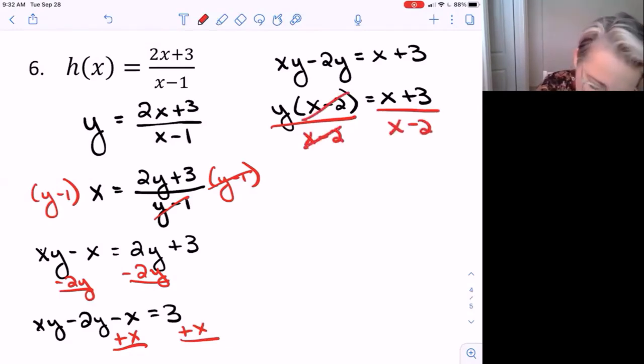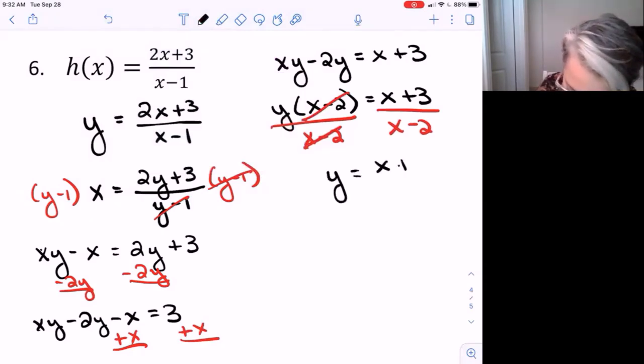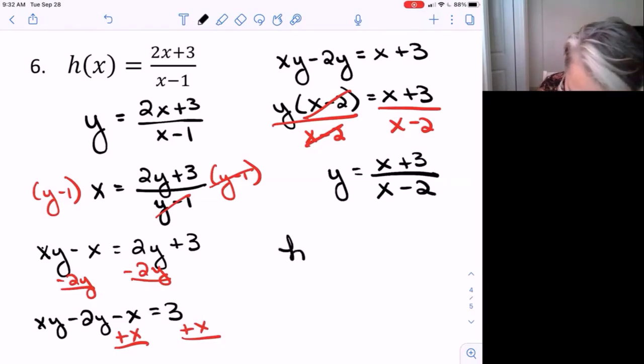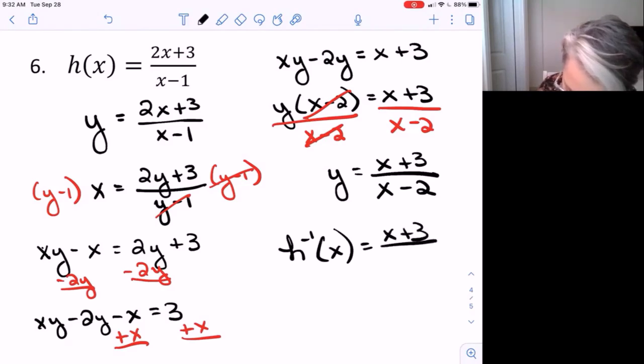They divide out on the left, and we get y equals x plus 3 divided by x minus 2. So that would be our h inverse, our inverse function, which would be x plus 3 over x minus 2.